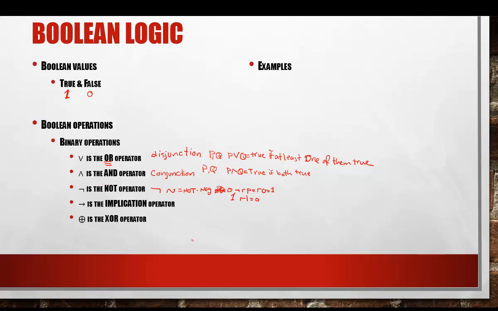The next operation that I want to talk about is the exclusive OR operation, or the XOR operation. We represent it with the symbol, a circle with a plus inside of it, that represents XOR. So it's called exclusive OR.